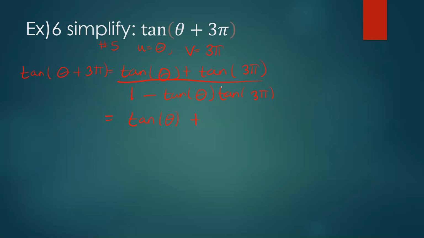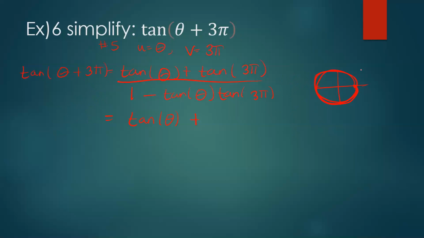plus, what is the tangent of 3 pi? 3 pi is the same thing as 2 pi plus pi. Well, you're just going around the unit circle 3 times, so it'd be 1, 2, 3. So it's right here. It's the same thing as 2 pi over 0, right?